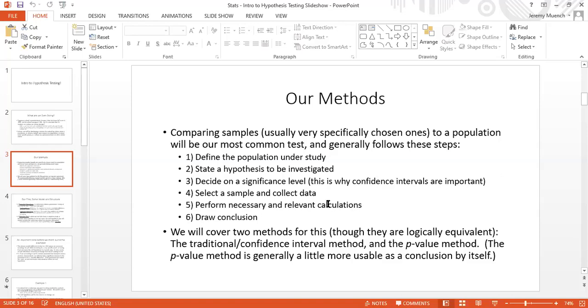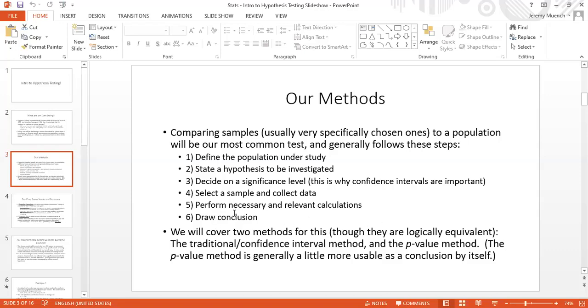Performing the necessary and relevant calculations, that's just numbers. Sometimes you need to be clever, sometimes you need to discuss what you do and don't keep. If there are outliers, do you throw them out, do you keep them? That certainly is involved in this step. But surprisingly, despite the fact that that's really what we're focusing on, I would say it's the step that's prone to the least argument.